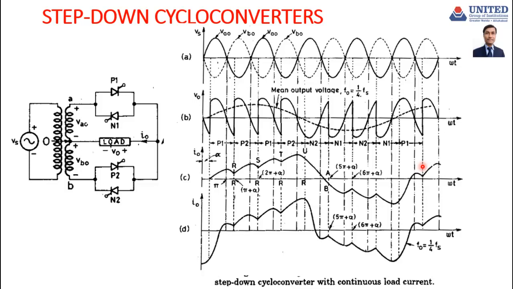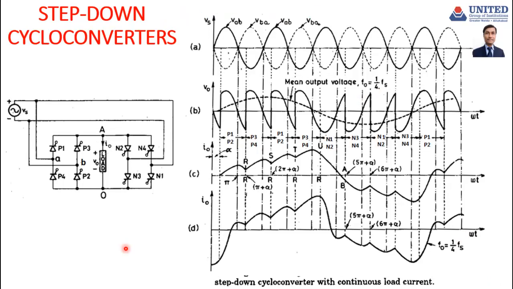So the positive group of voltage wave and current wave consists of 4 pulses, which is the same as for the negative group of wave. Therefore, the output voltage has frequency f0 equal to fs by 4.